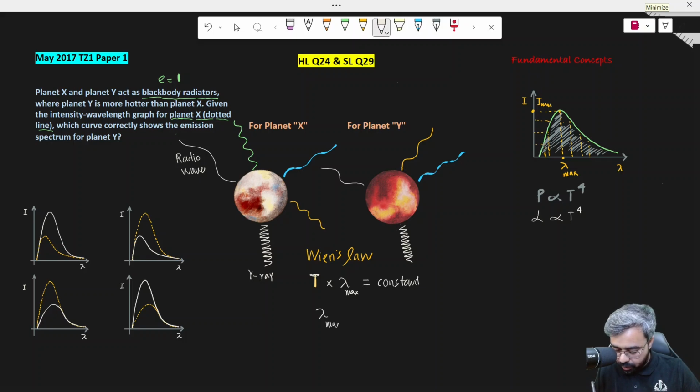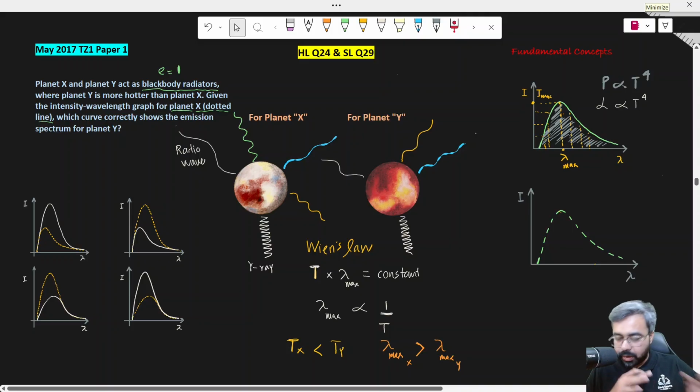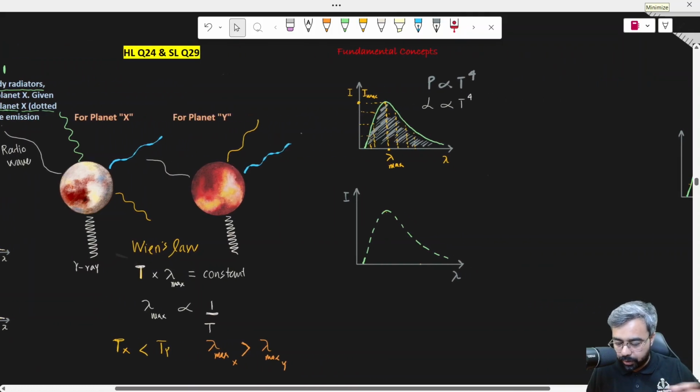So like this. If you use this information, what information? We know that the temperature for X is less than the temperature for Y, which means that logically we can derive the result that the maximum wavelength emitted for X would be larger than the maximum wavelength for Y. So, dear students, let's now apply the results that we have learned.